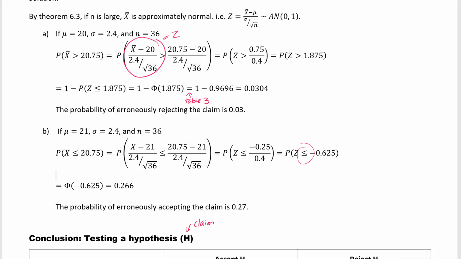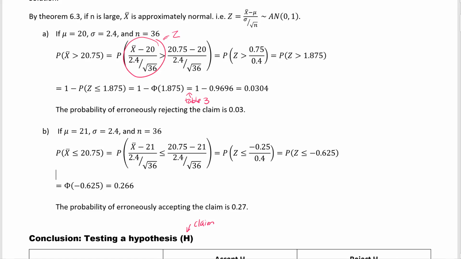Less than or equal, great, that's exactly the CDF. So we're looking for the CDF value of negative 0.625. Either use table 3 or use some online stat calculator. We get the CDF value for negative 0.625 is 0.266. So this is the probability of type 2 error. The probability of erroneously accepting the claim is about 0.27.